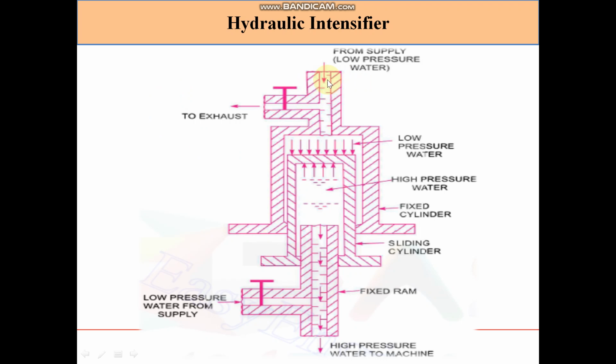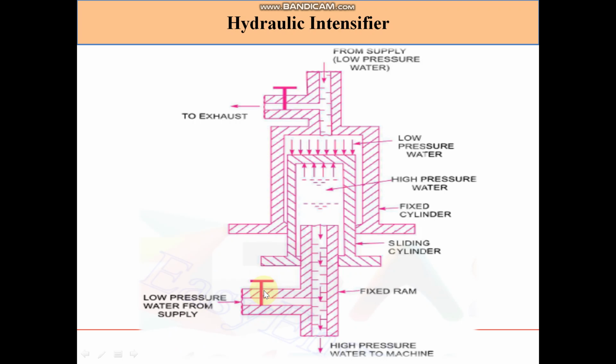This is the third port from where again low pressure water can be supplied to the system, and the fourth port from where high pressure water is supplied for the application. So all the ports consist of valves. These valves can be opened and closed. Initially these two valves are closed and these two valves are open.